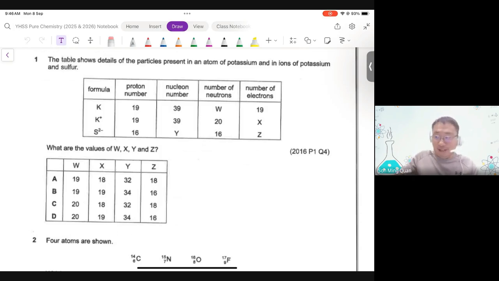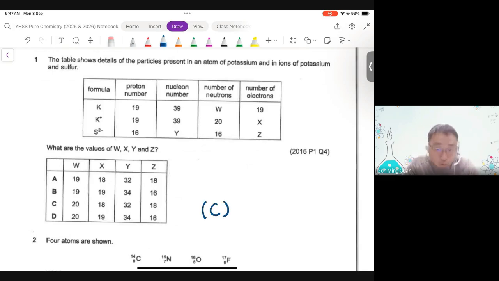I have 6 students only. Okay, 7 students have voted. Okay, 9 students now. Okay, 10 students. So now I shall show everyone the results. All right, now you can see the results. The answer is C.